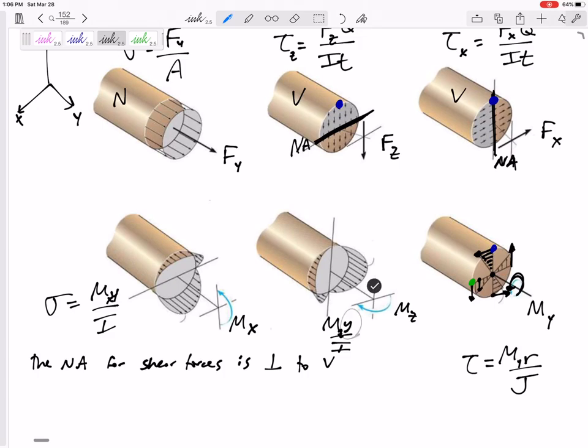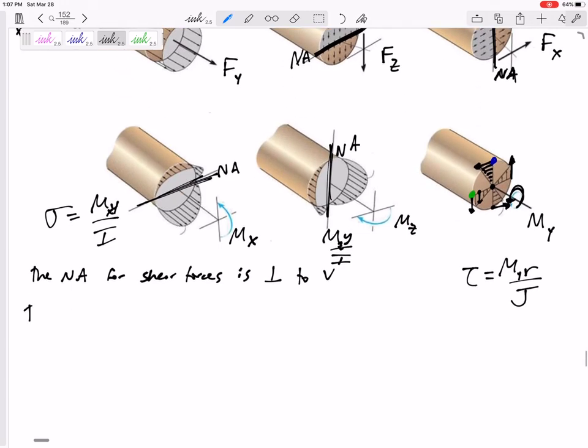Now that Y, is it really Y? That Y is the distance from the neutral axis. Here is the neutral axis for my bending moment right there. So here's another thing to know.